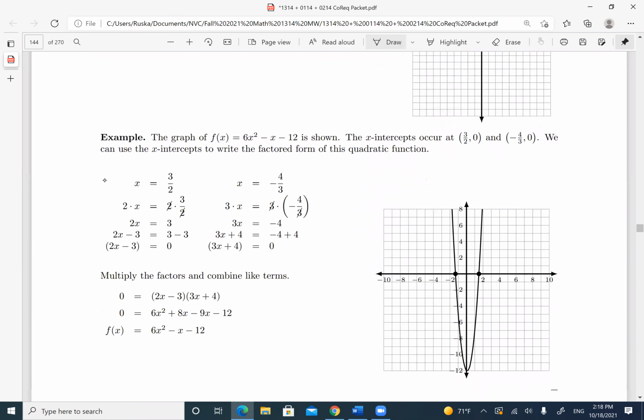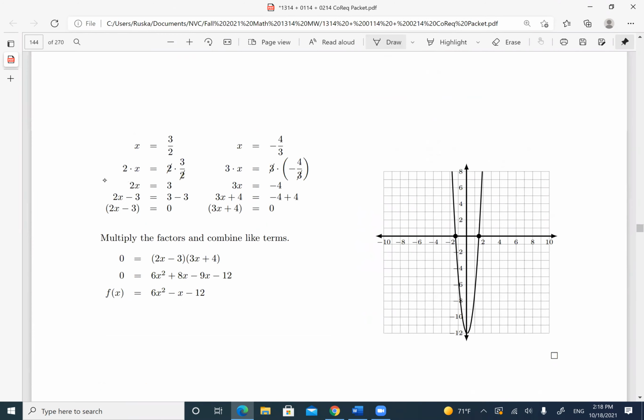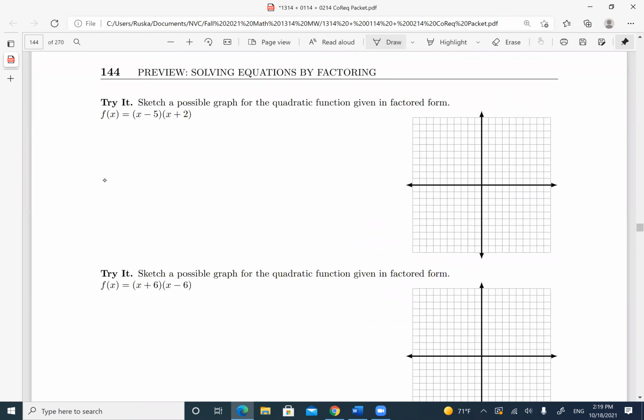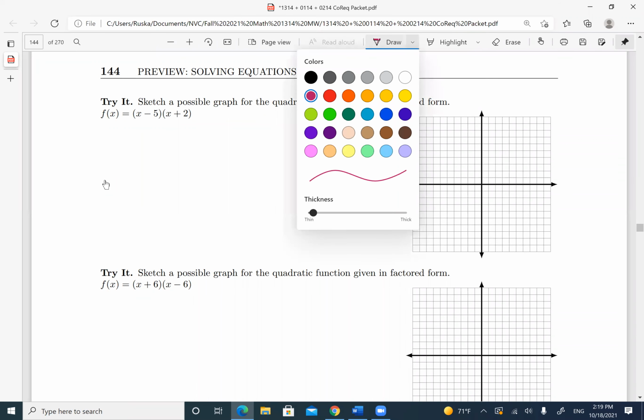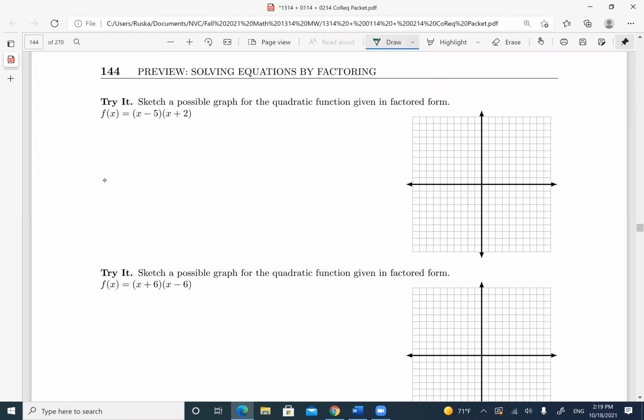Okay, that's the last page. Here we have to sketch the graph. They give me the function in which form, standard or factor form? Factored. Factor form, good job.